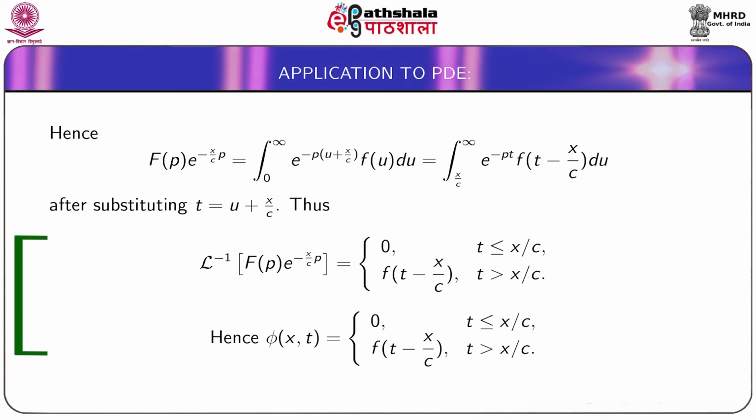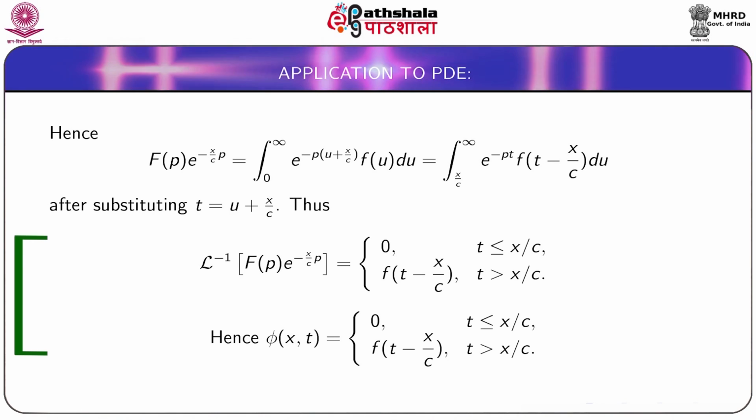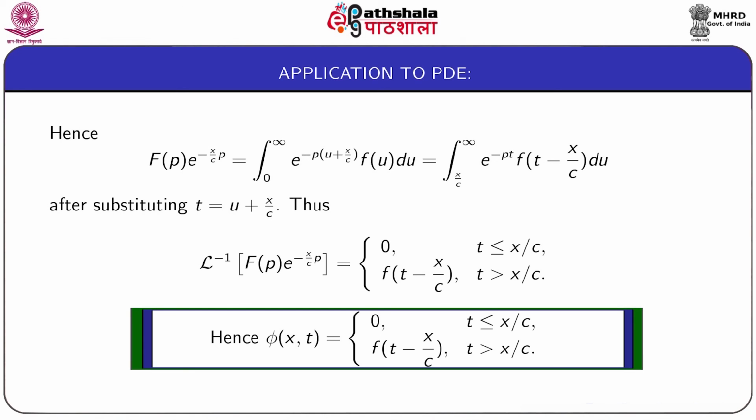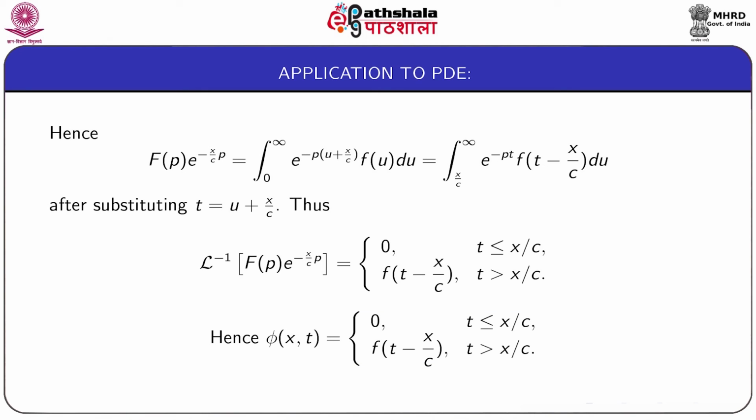This integral ranges from x by c to infinity, so for t less than x by c, this is equal to 0. Thus, small phi(x,t) is equal to 0 for t less than or equal to x by c and equal to f(t minus x by c) for t greater than x by c. So, this is the solution of the given wave equation associated with the initial cum boundary value problem.